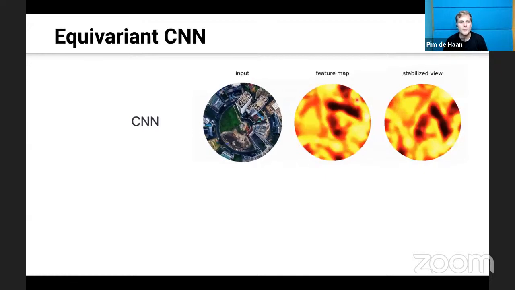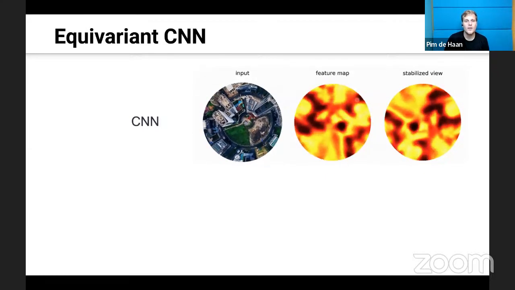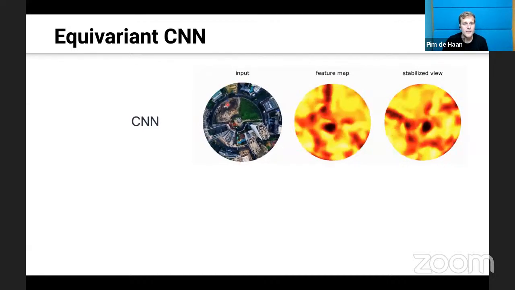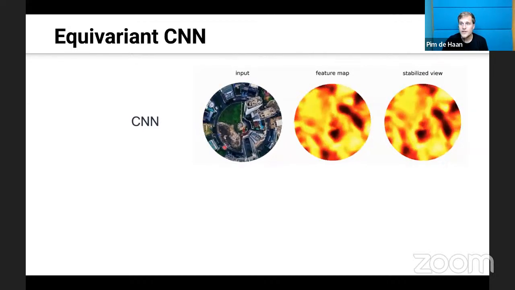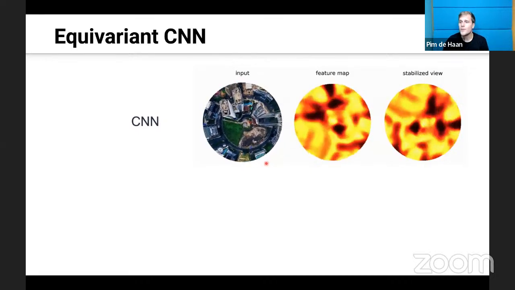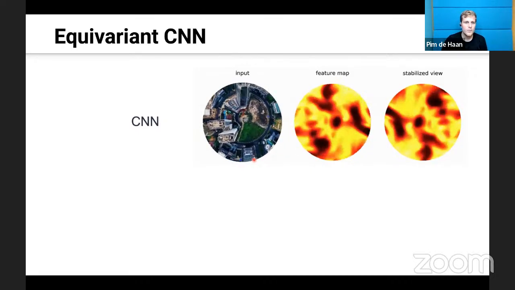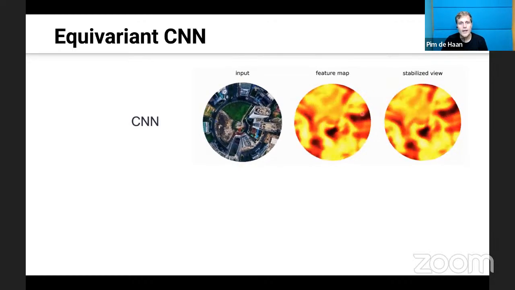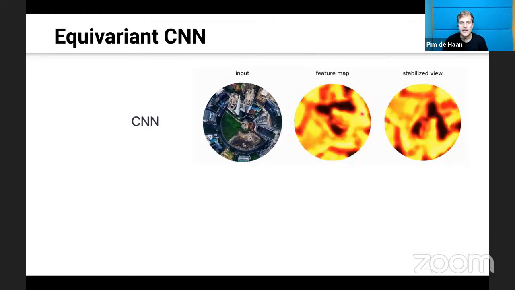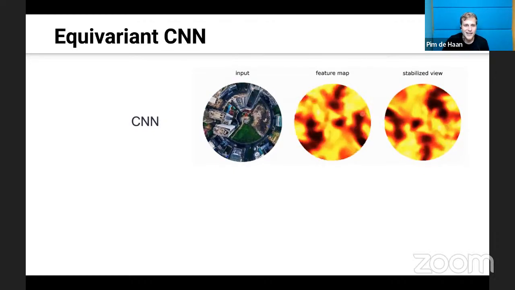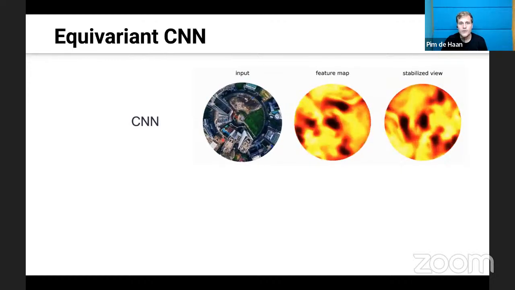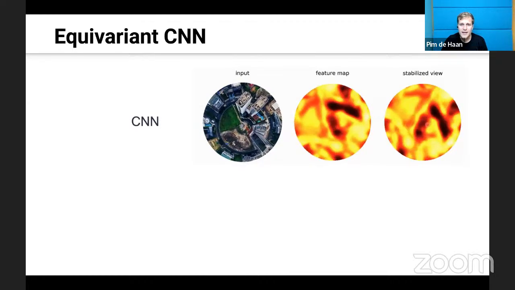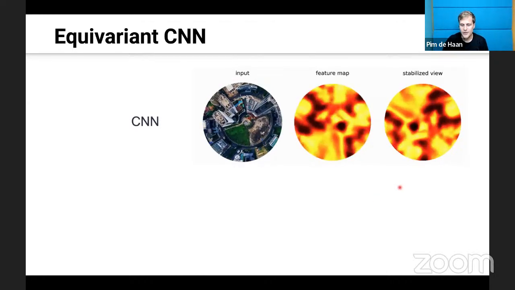So to give you some examples, equivariant CNNs work as follows. So imagine we have a spherical input here, and a normal non-equivariant CNN would map a signal like this to another signal. And this is a random untrained CNN, so it doesn't do anything concretely. If you then rotate the input, you see that the output transforms, which if you rotate it back, does basically arbitrary things.